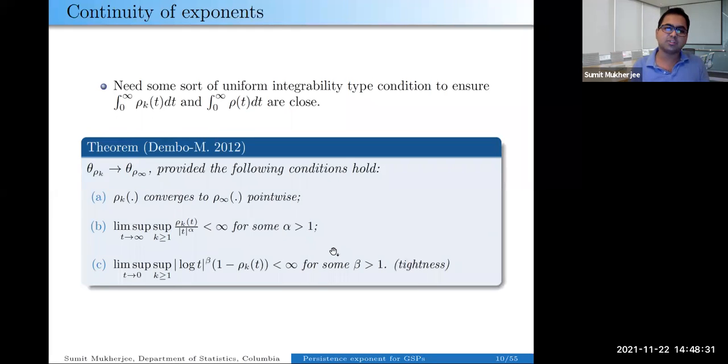And the third one is needed if you're working with continuous processes. You don't need this if you're working with discrete processes. All the questions that I pose here have a discrete version, and all of these results apply with slight modifications in the discrete case as well. Usually the modification is that you require fewer conditions.